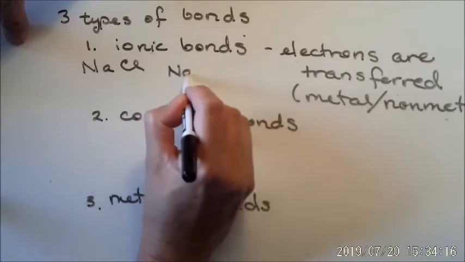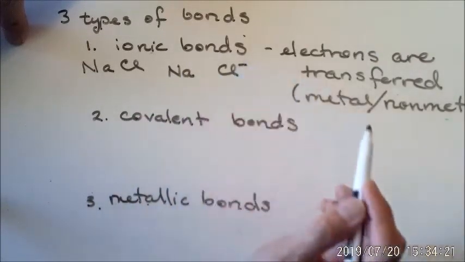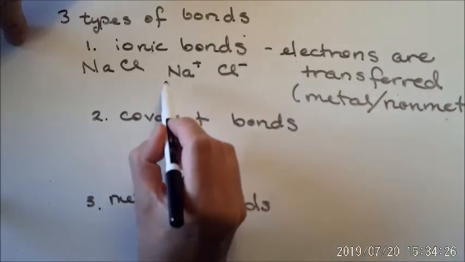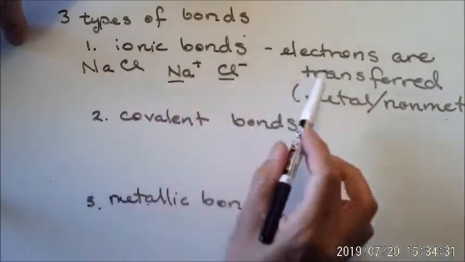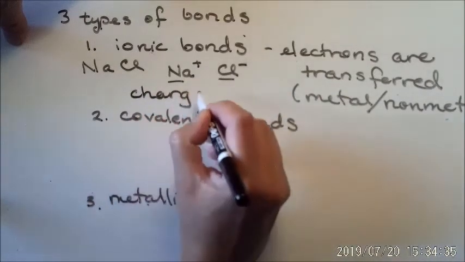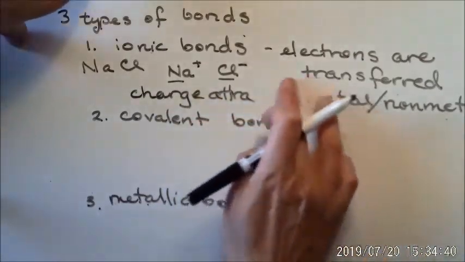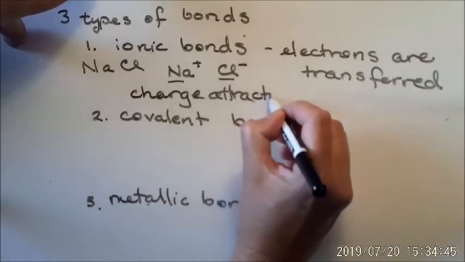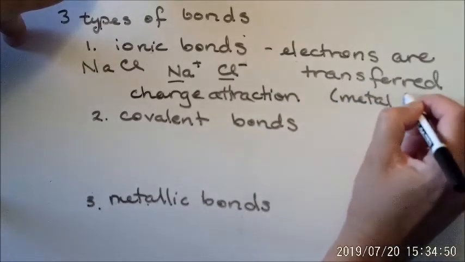The sodium atom transfers its electron to the chlorine atom. So now I have a cation and an anion, and basically in ionic bonds, when I transfer the electrons, they are held together by charge attraction. So remember Coulomb's law. This is what we're talking about. Typically metal, non-metal.